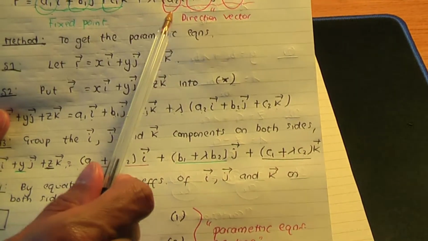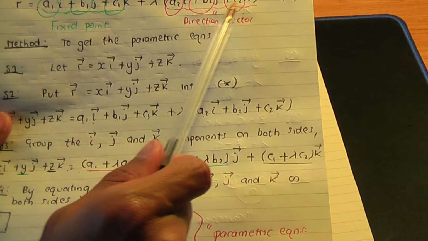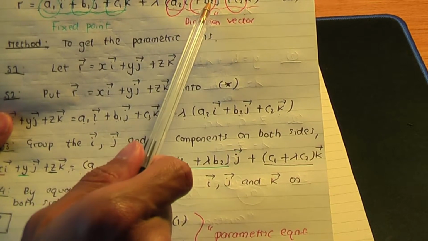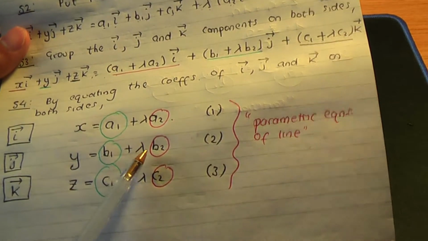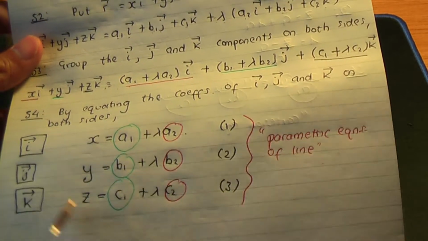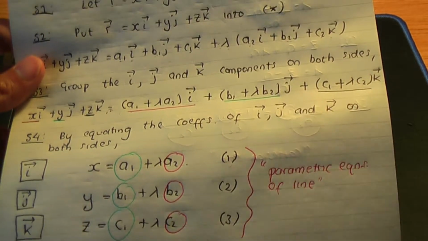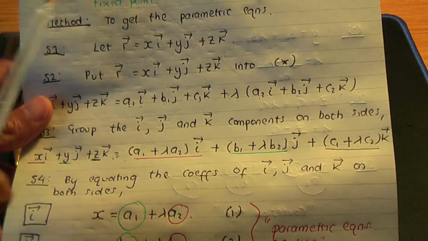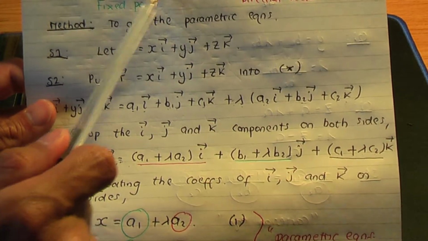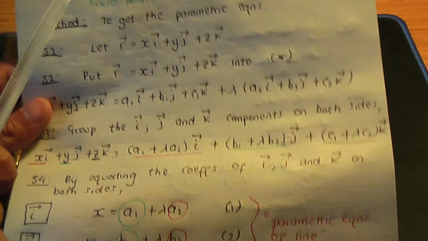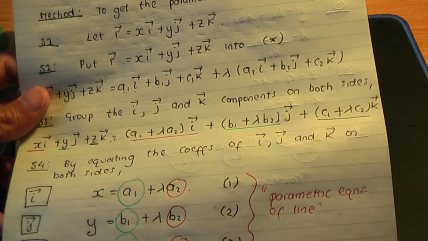So remember, the components of the direction vector, a2, b2 and c2, should relate to a2, b2 and c2 in the parametric equations, and the components of the position vector of the fixed point on your line, a1, b1 and c1, should relate to a1, b1 and c1 here. Okay, so let's use that relationship and get the parametric equations of the line.